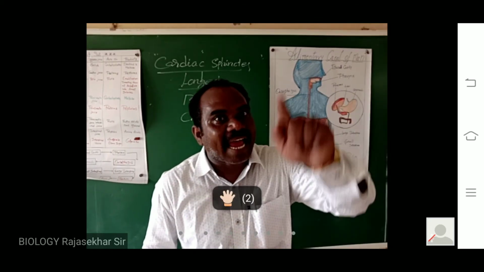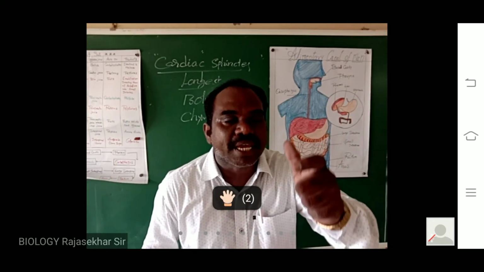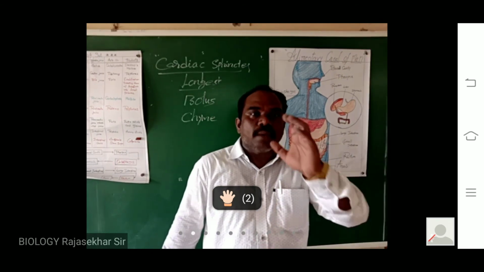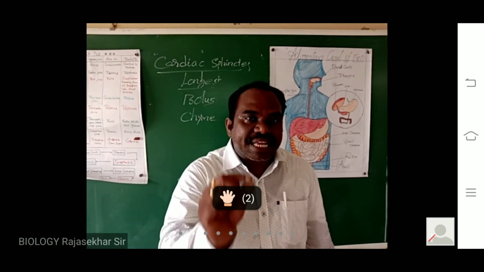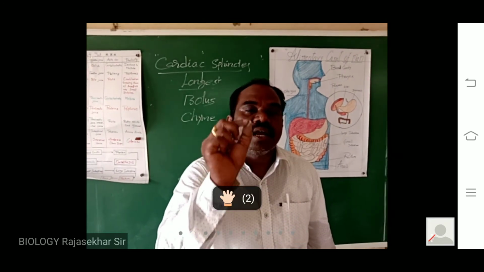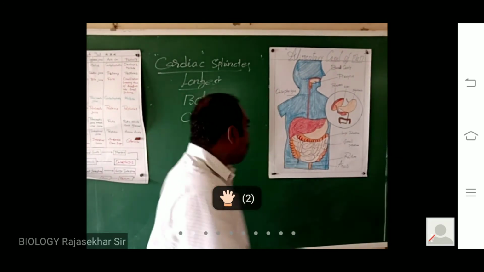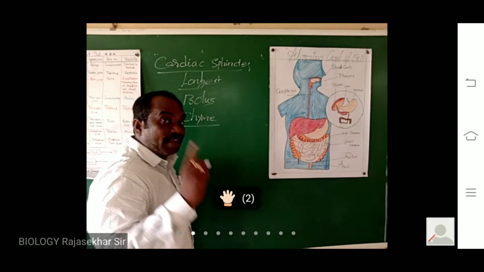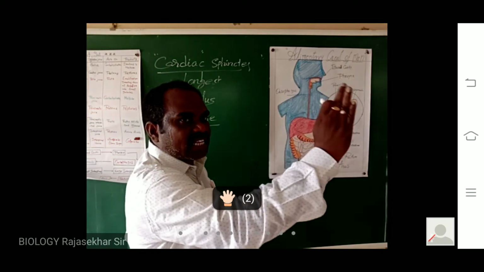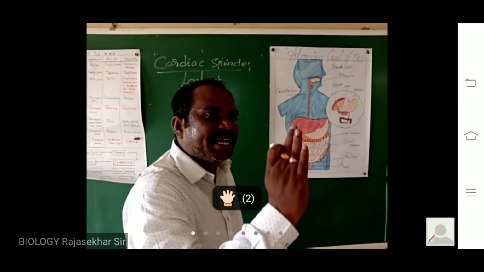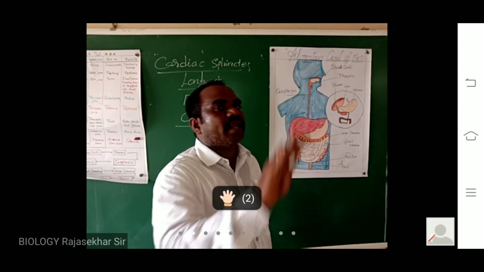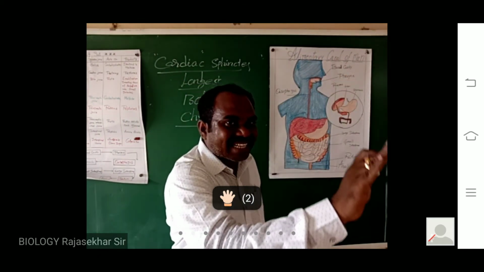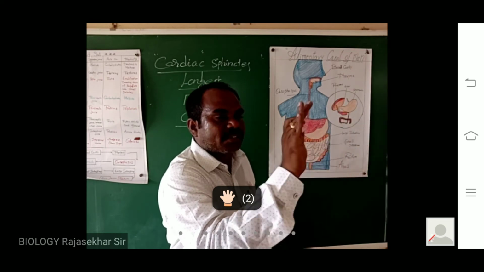What is chyme? Chyme means partially digested food materials in the stomach. Very, very important. What is bolus? Chewed food materials in the mouth cavity and esophagus is called bolus.